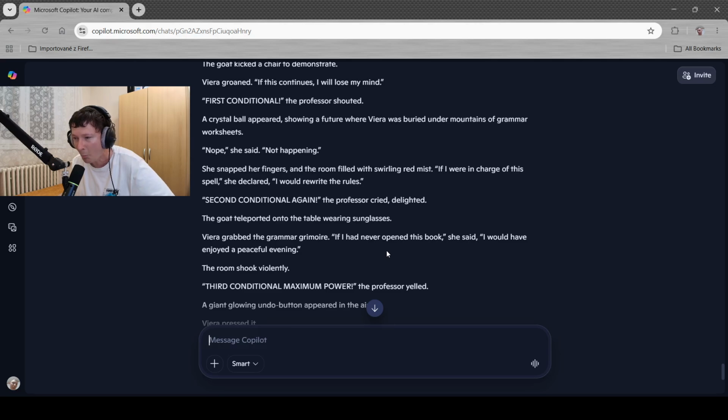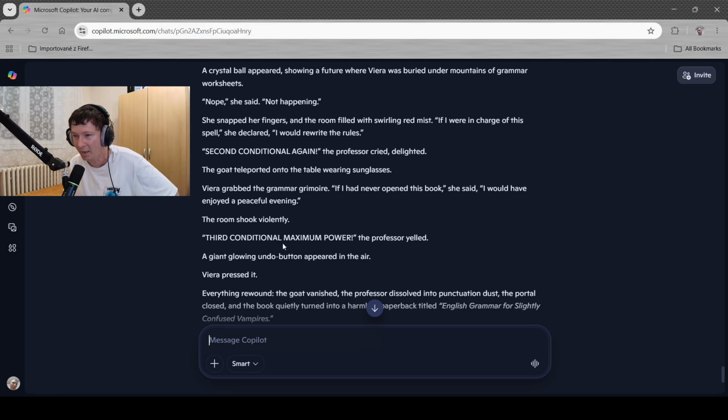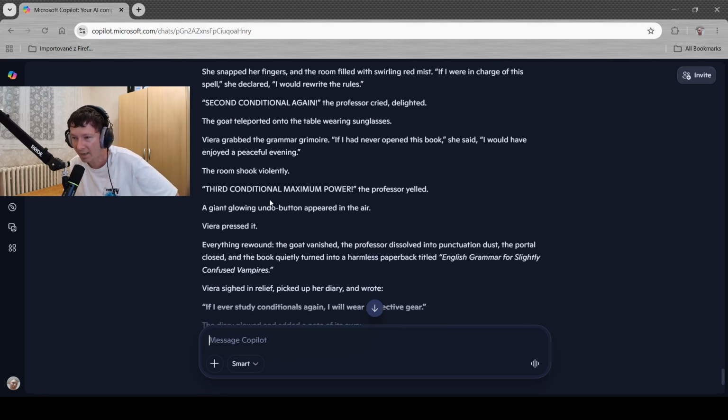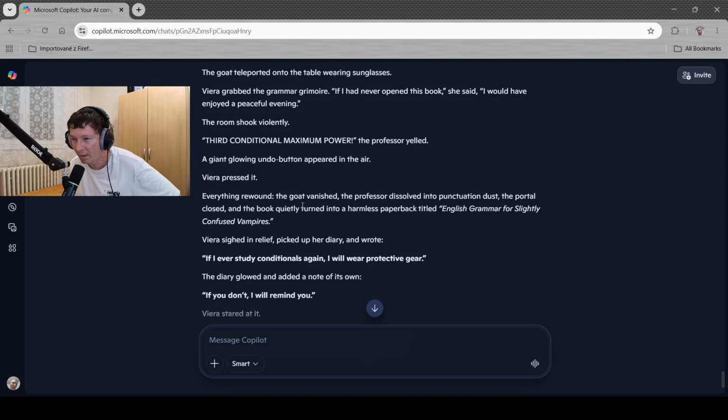If I had never opened this book, she said, I would have enjoyed a peaceful evening. The room shook violently. Third conditional, maximum power, the professor yelled. A giant glowing undo button appeared in the air. Viera pressed it. Everything rewound. The goat vanished. The professor dissolved into punctuation dust.